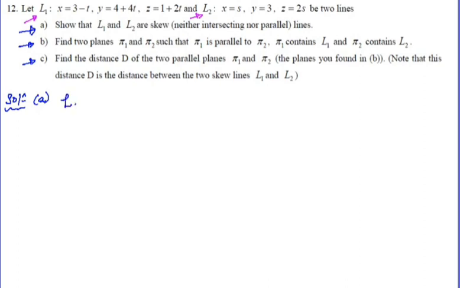L1 is given in parametric form. L1 is x is equals to 3 minus t, y is equals to 4 plus 4t and z is equals to 1 plus 2t. This is L1 which is given in parametric form. ይሄንን ወደ Cartesian form መቀየር ያስፈልጋል.